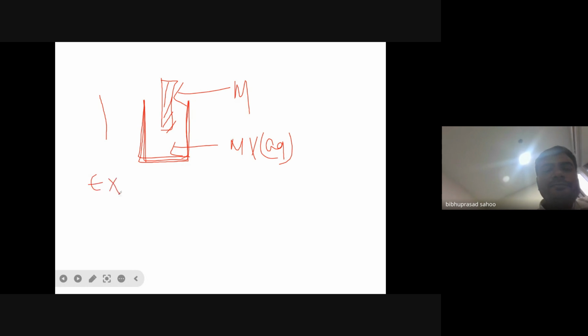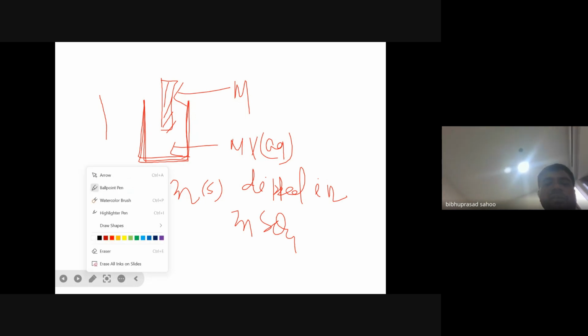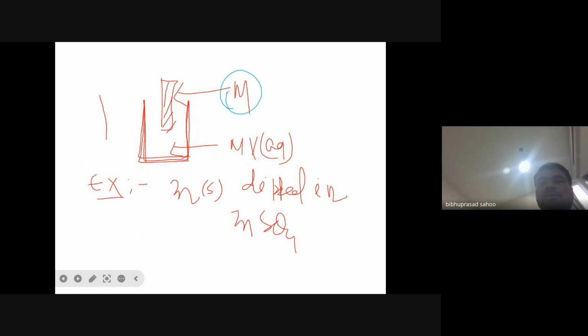Example: zinc solid dipped in zinc sulfate. When a metal is in contact with its own ion, the solution contains M n+ ions. Listen, students, I am not saying this electrode becomes the cathode or this electrode becomes the anode. This electrode may be cathode, may be anode.